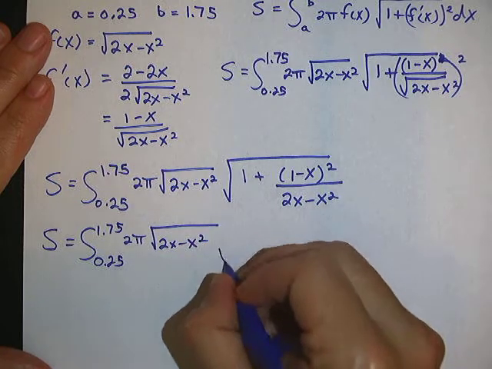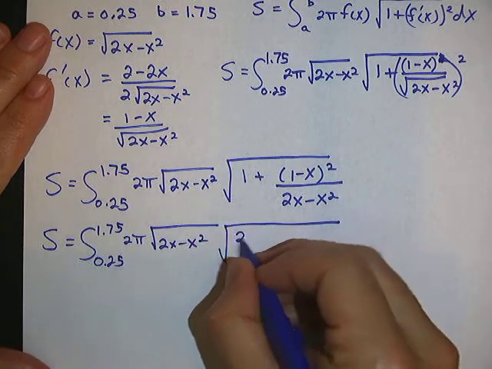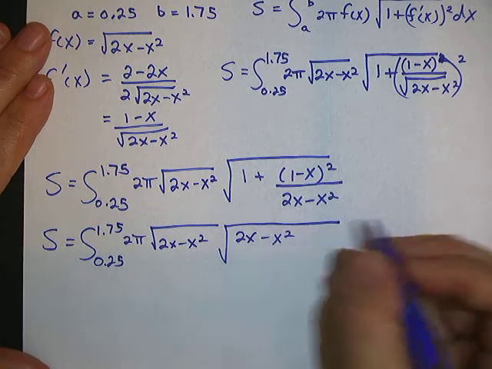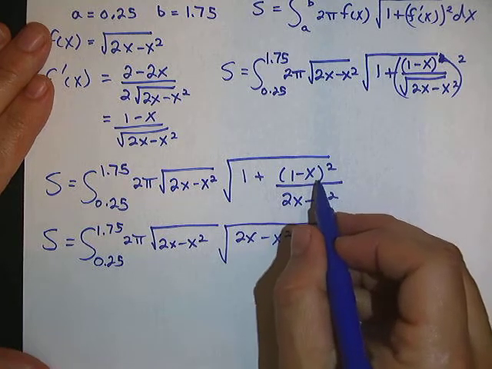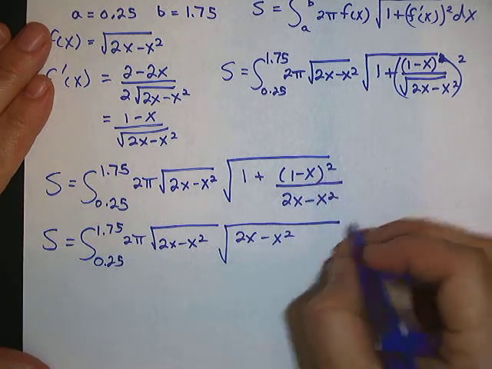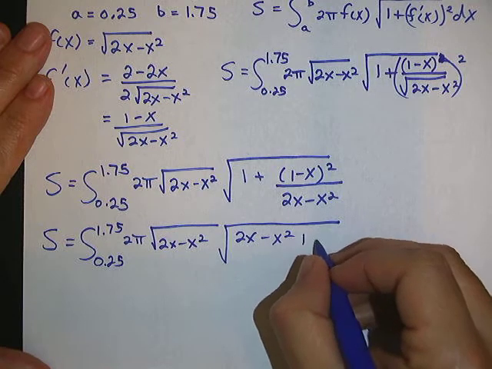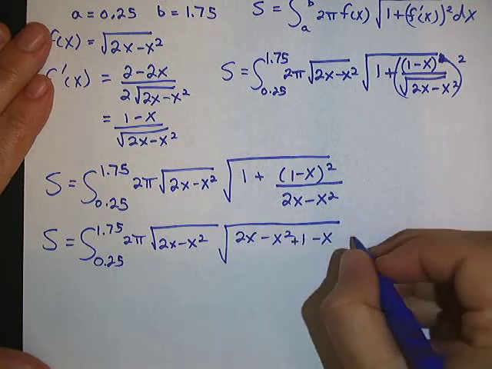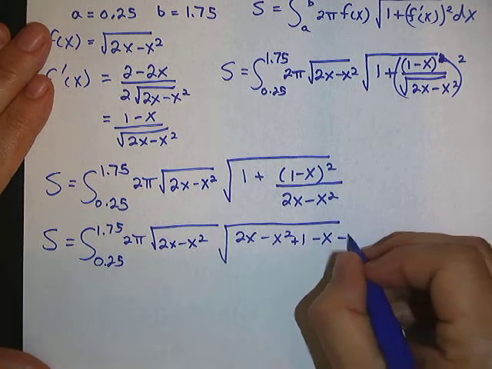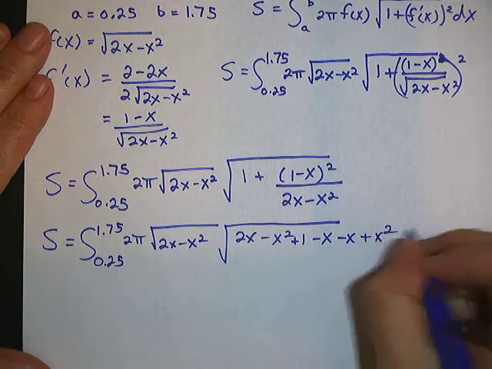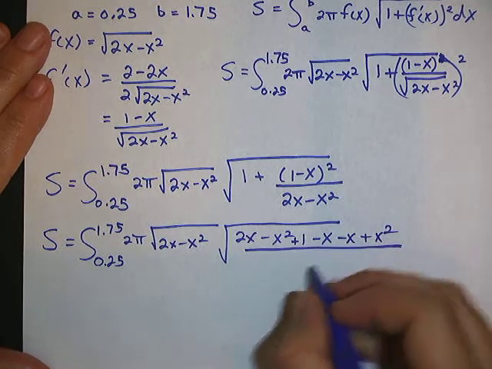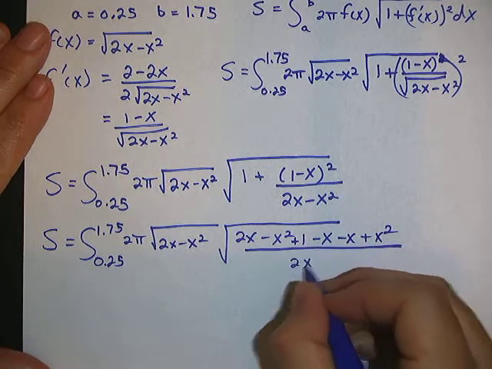Okay, so we will have 2x minus x squared. Let's distribute this out. So that will be 1 minus x, plus 1 minus x plus x squared. And since we have combined those, that will all be over 2x minus x squared.